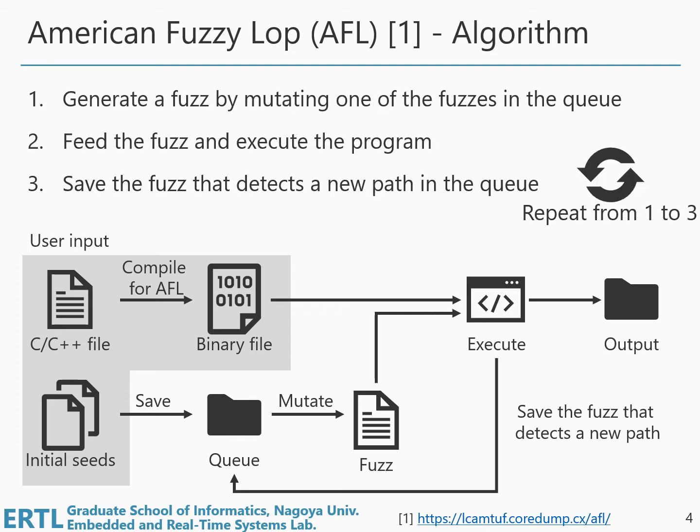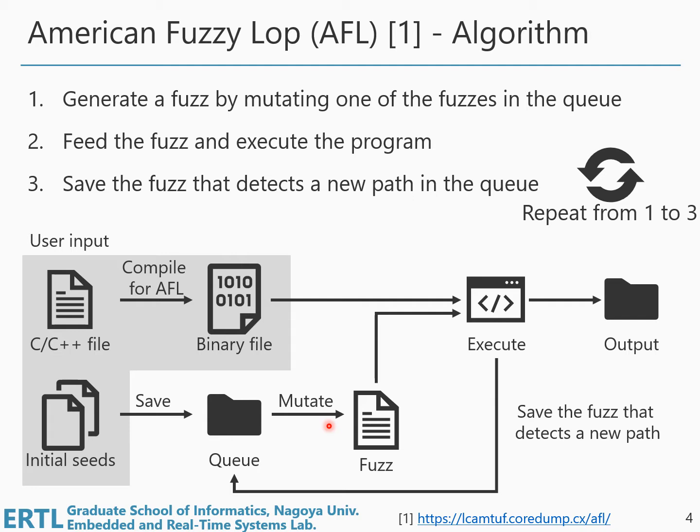When a user invokes AFL, it saves initial seeds in the queue. After that, it repeats the process shown on this slide. Firstly, it gets a new fuzz by mutating one of the fuzzes in the queue. Mutate means editing a fuzz by adding constant values, inverting bits, and so on.